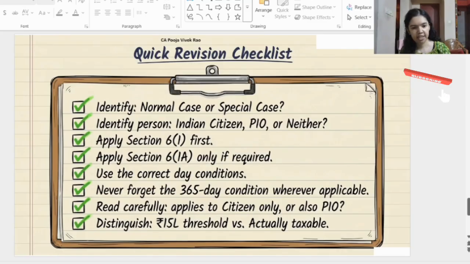Use the correct day condition. Never forget the 365-day condition wherever applicable. Read carefully whether the provision applies only to Indian citizens or it also applies to person of Indian origin. Distinguish between income considered for the 15 lakh threshold and income actually taxable.